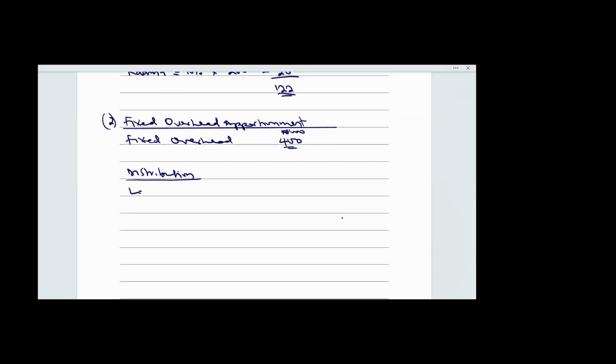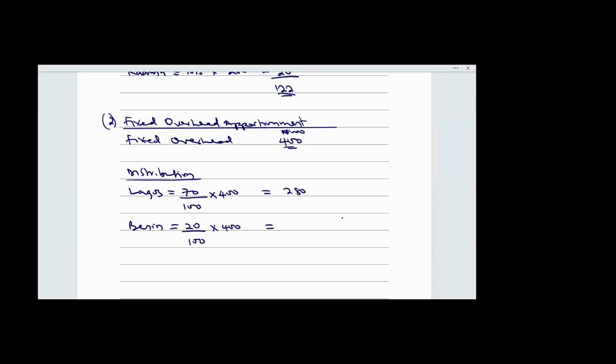So for Lagos, the number of units allocated to Lagos is 70. The total unit available is 100,000, multiplied by 400,000 naira. What you get? 280. For Benin, units allocated to Benin 20 divided by total unit of 100 multiplied by 400.